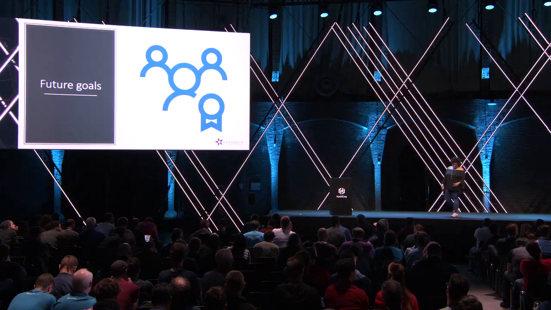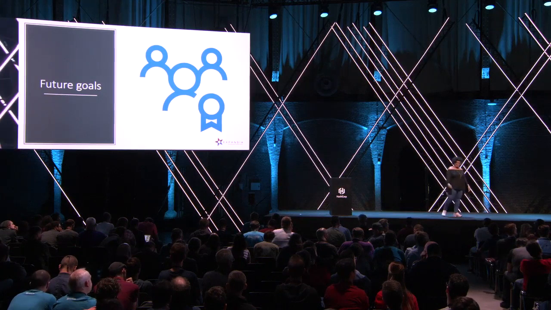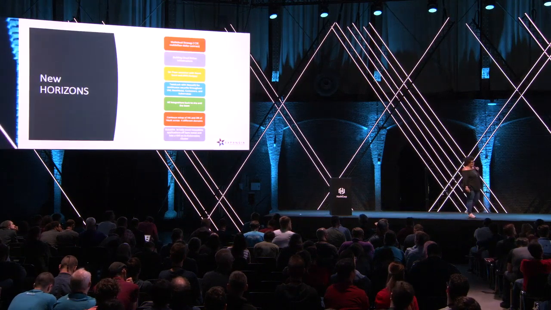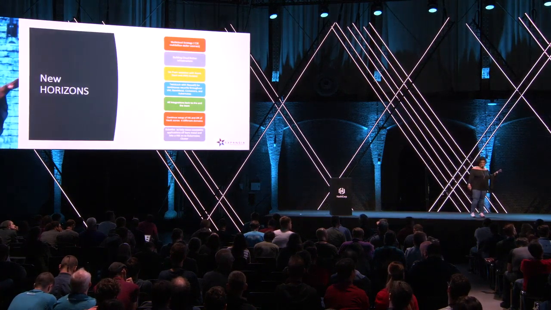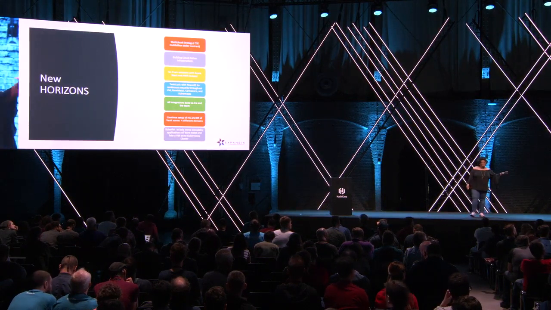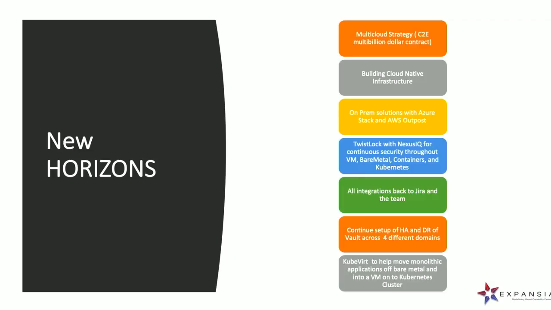So future goals. All right. These are the things that I think are future goals for us. My whole team may or may not agree, but this is what I'm seeing. A multi-cloud strategy. This is how Hashi comes into play with this. There is an actual article out there from the government.